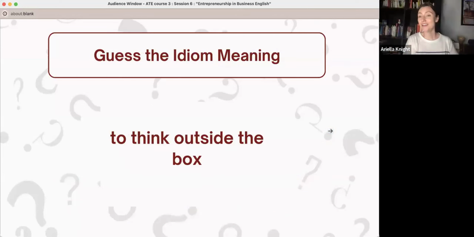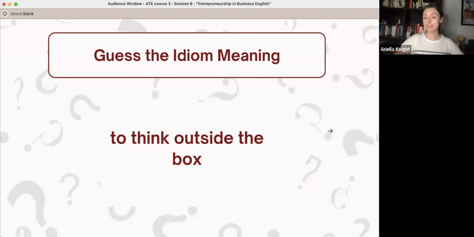So we'll do 3 business idioms and then we'll wrap it up. I want you to guess the meaning. To think outside the box. Tell me in the chat, what does it mean to think outside the box? Your best guess. You don't have to be right. To disrupt, to come up with unusual ideas.